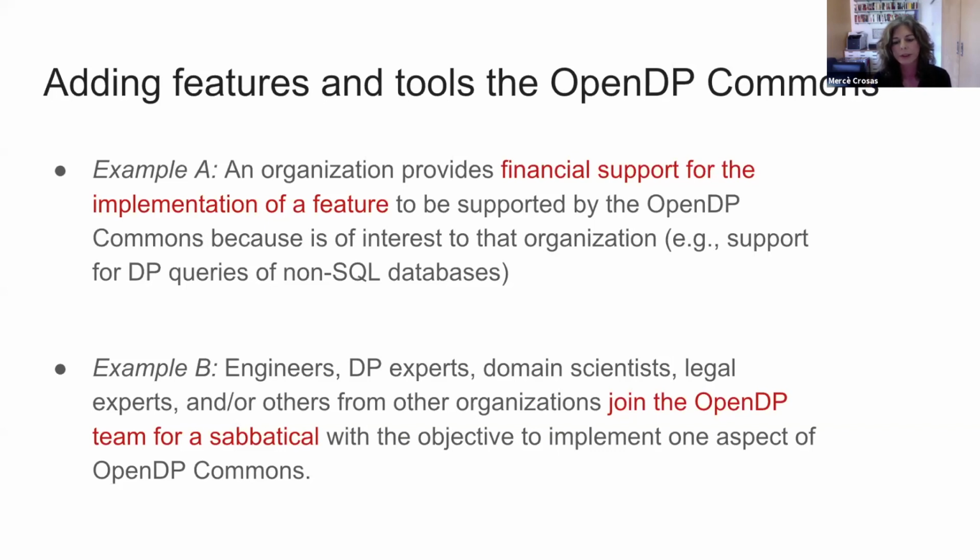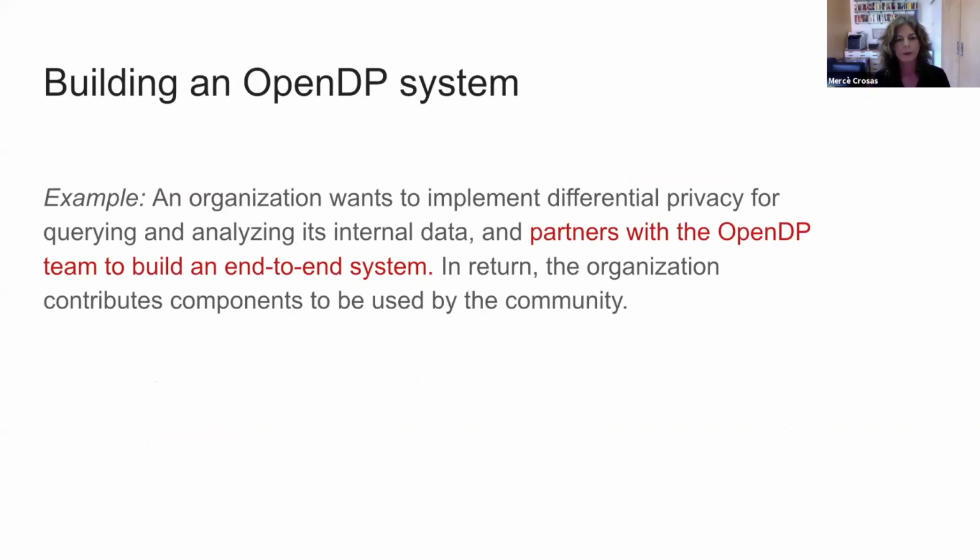In a very different way, there could also be a contribution to the Commons by having engineers from industry, DP experts, domain scientists, or legal experts join the OpenDP team for a sabbatical.